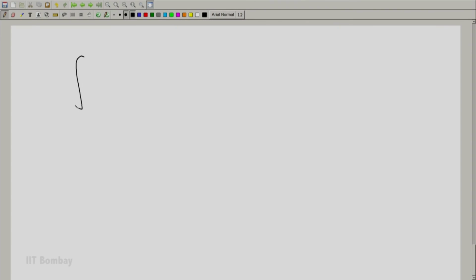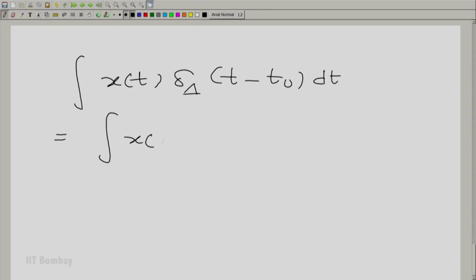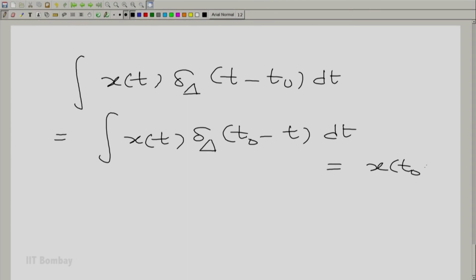Let us use this property to write down a slightly modified equation. The slightly modified equation is integral x of t delta, capital delta t minus t0 dt is the same as integral x of t delta, capital delta t0 minus t dt, and this becomes equal to x of t0.